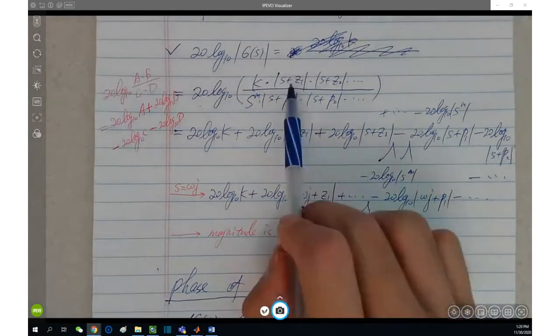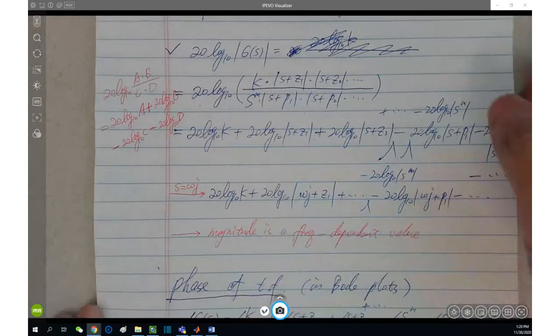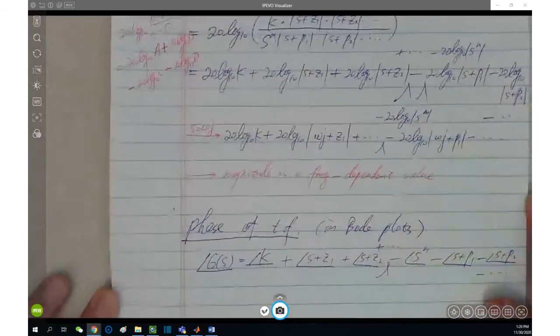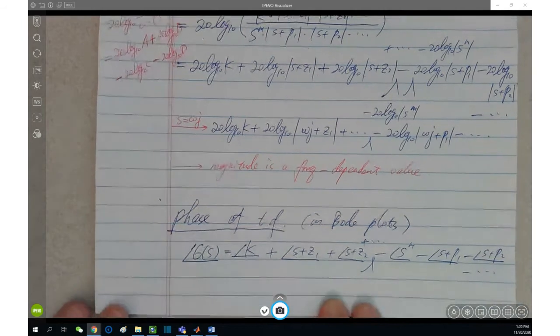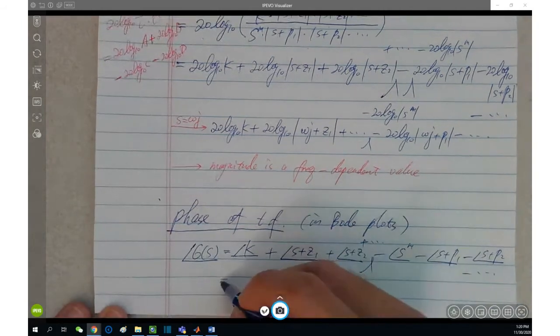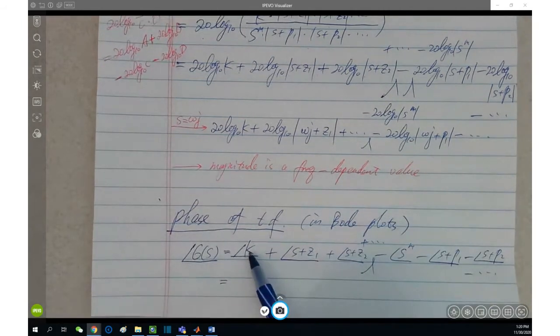And the phase of the transfer function is the summation of the phase of the numerator minus the summation of the phase of the denominator, right? So we still remember the constant gain k here. What's its phase angle?